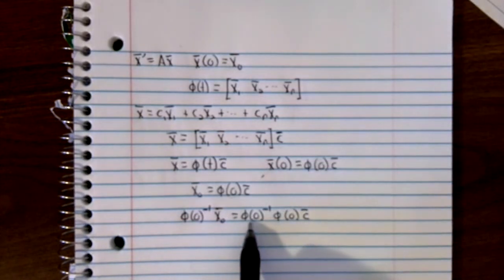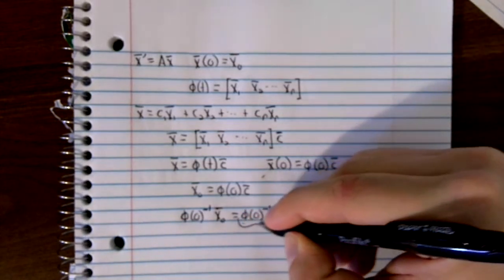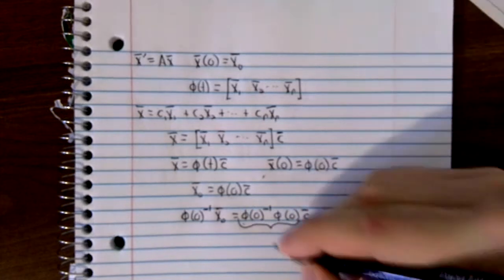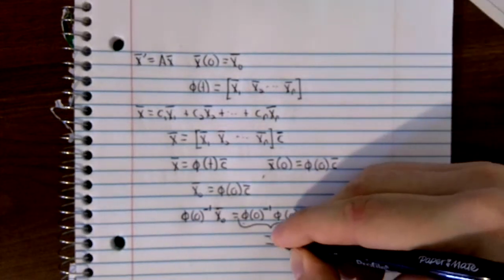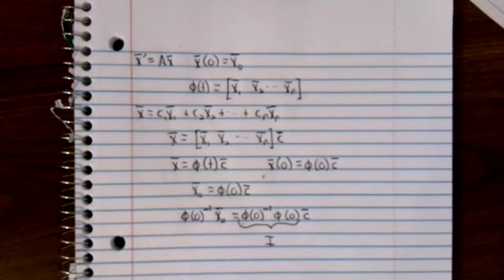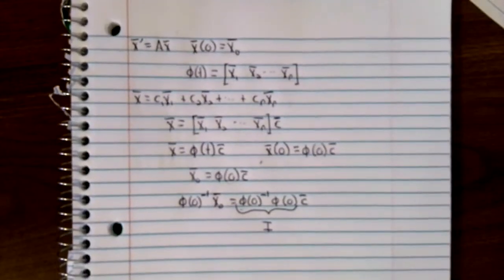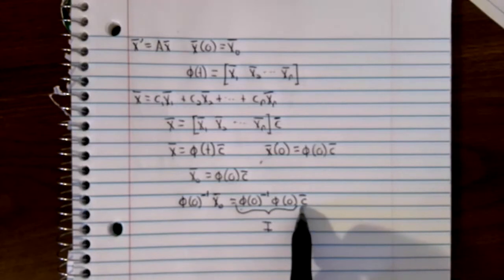On this side, these turn into the identity, and the identity times a vector is just the vector.